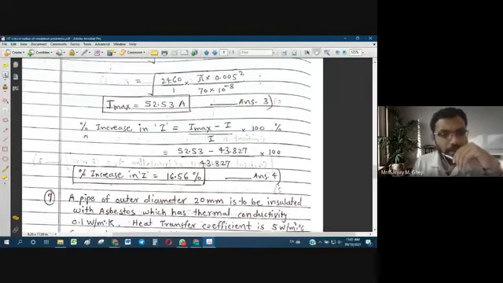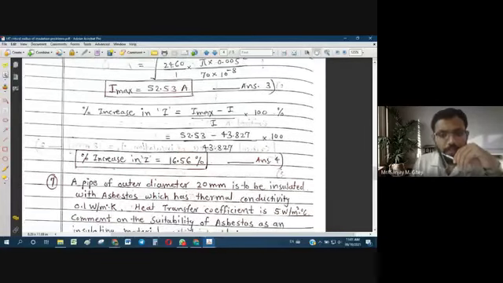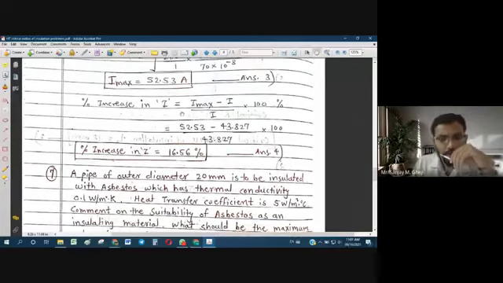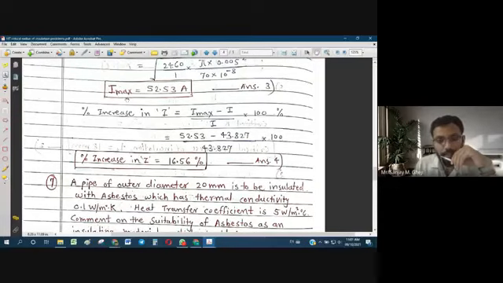Now we can find the difference and then the percentage increase. The percentage increase is given by I max minus I initial, the initial current carrying capacity, divided by the initial, into 100. So the maximum is 52.53 and initially it was 43.8827. Certainly, because of the provision of this critical radius of insulation, the heat transfer rate improved and thereby the current carrying capacity also increased.